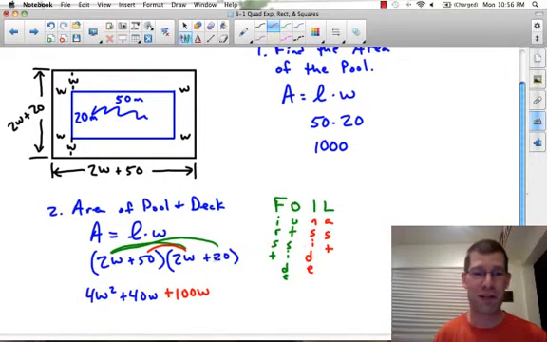And then last we have the last. The L in FOIL stands for last. So we do the last thing from the first binomial times the last thing from the second binomial. So we have the 50 times the 20, which gets us back to our answer from before, the 1,000. So plus 1,000. Now the nice part, going back to how I wrote these up here, the 2w plus 50 and the 2w plus 20, is because I put the variable before the 50 and the 20, the number by itself.